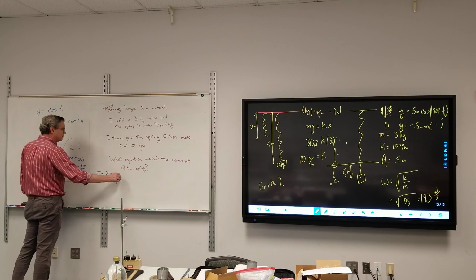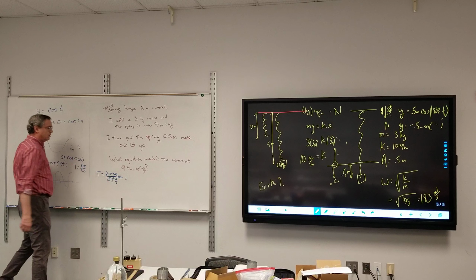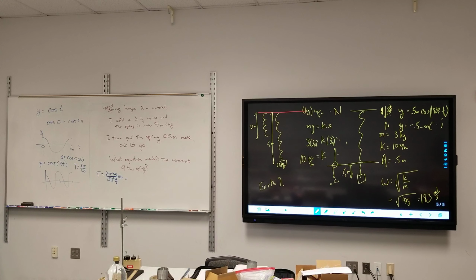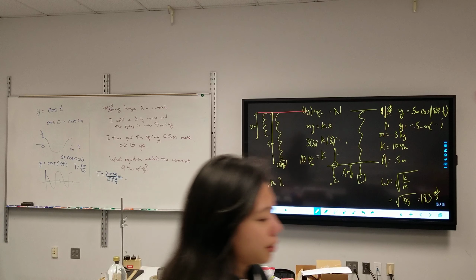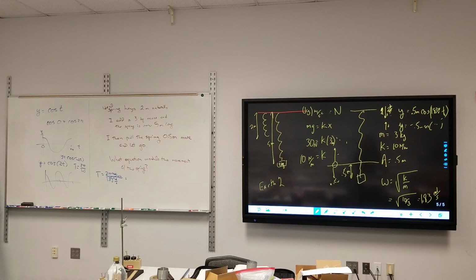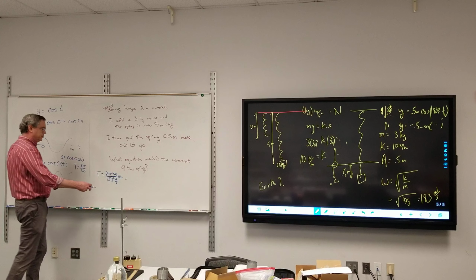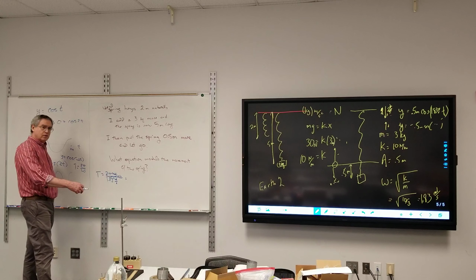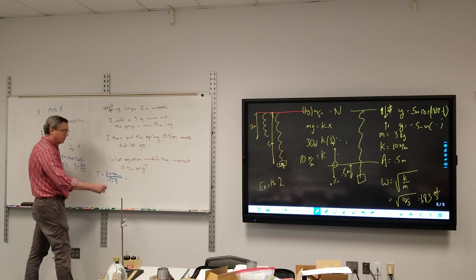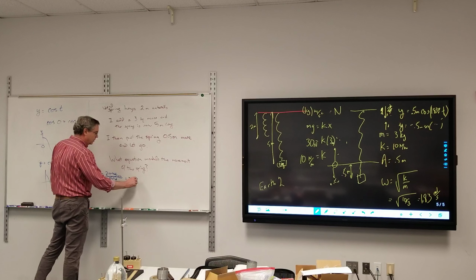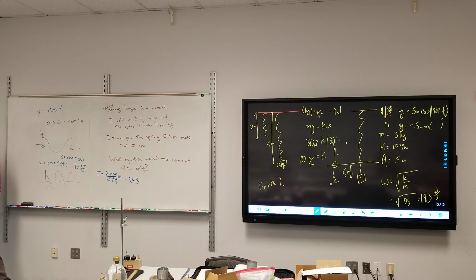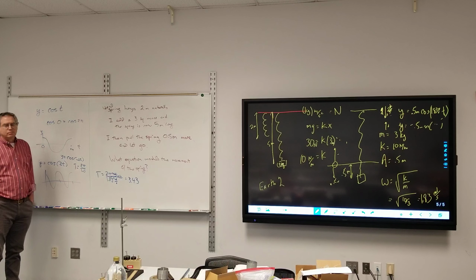It's radians per cycle. Two pi divided by 1.83 is 3.43. Units?